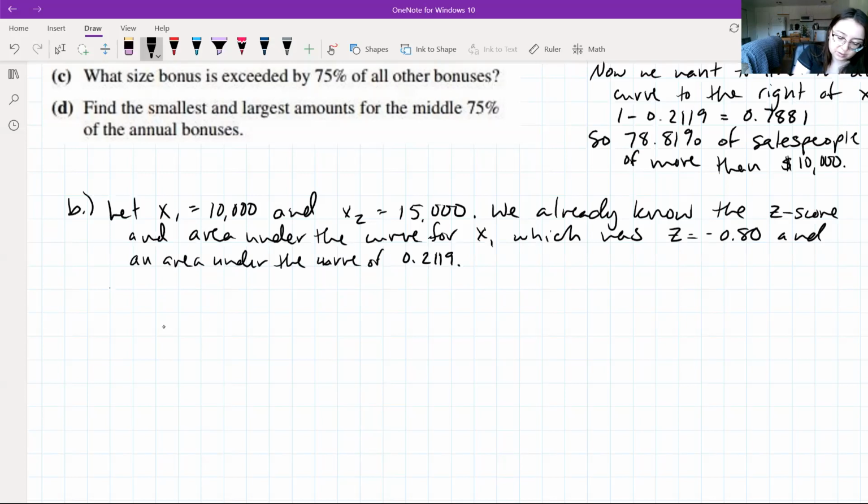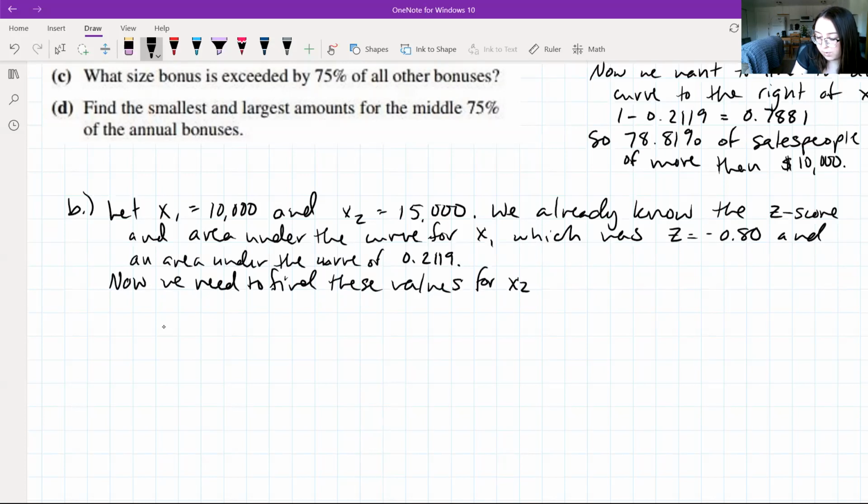So now we need to find these values for x sub 2.